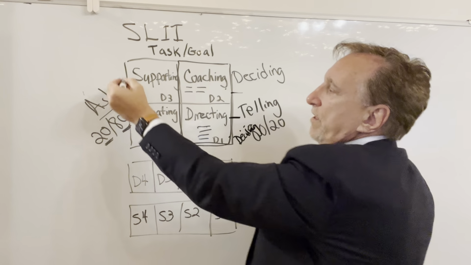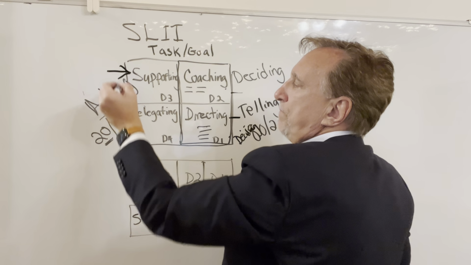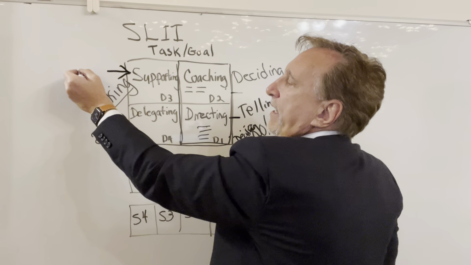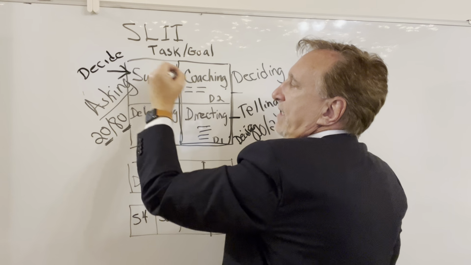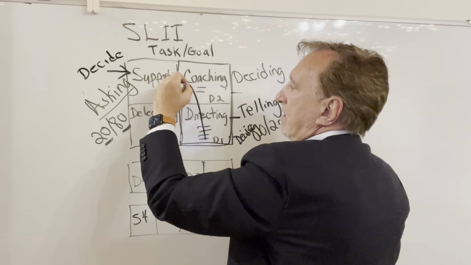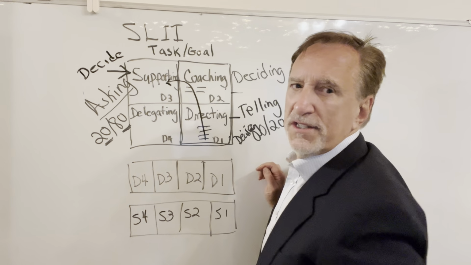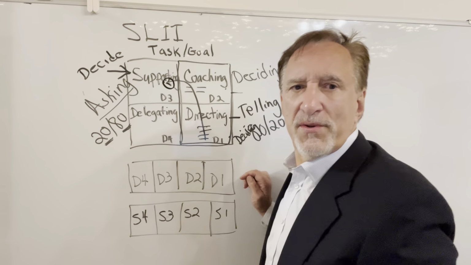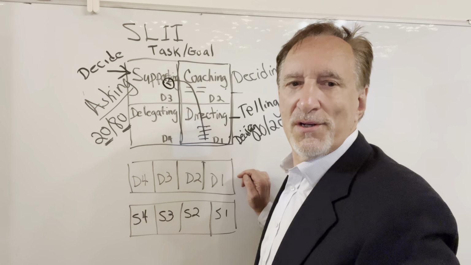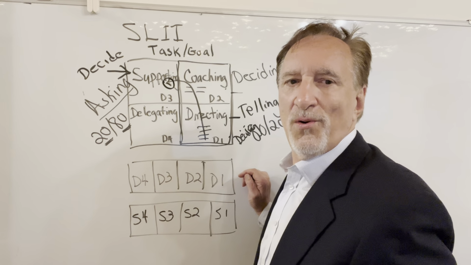Now, as you move over here, because they've gotten better, you're letting them decide. And that's the big step. Going from here to here is the huge step. And you say, what do you think we should do? How do you think you should do it? What kind of support do you need in order to go do it?